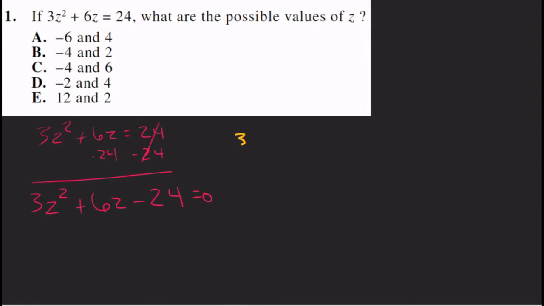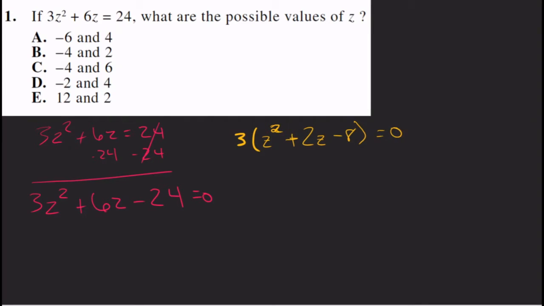That leaves me with z squared plus 2z minus, not 24, 24 divided by 3 is 8, so minus 8, equals 0.